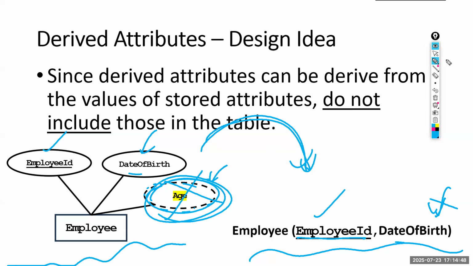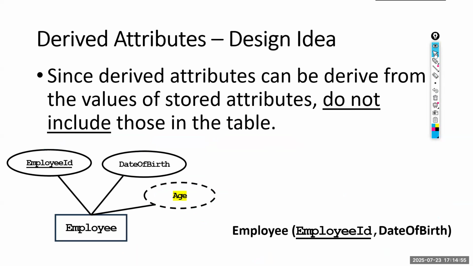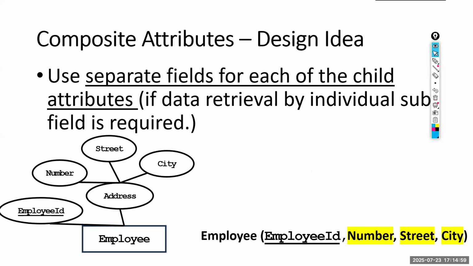Now you gradually learn more and more design concepts. Actually, now we are doing designing. Second design idea. If you want, you can just take it as a rule, a design rule or best practice. Let's call it a design idea.